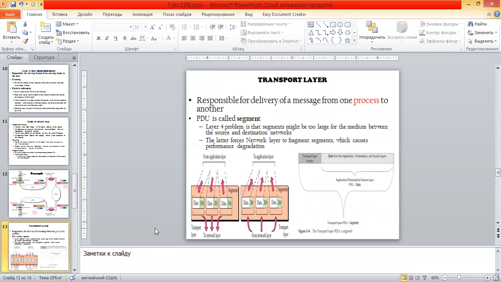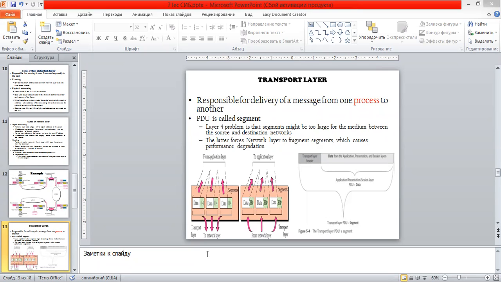Transport layer. Purpose of this transport layer is to provide a reliable mechanism for the exchange of data between two processes in different computers. Ensures that the data units are delivered error-free.